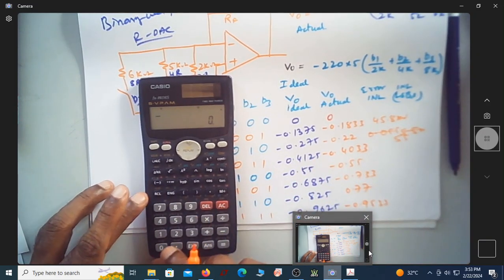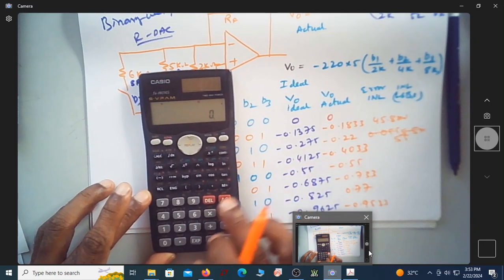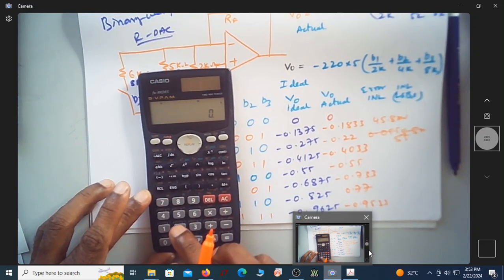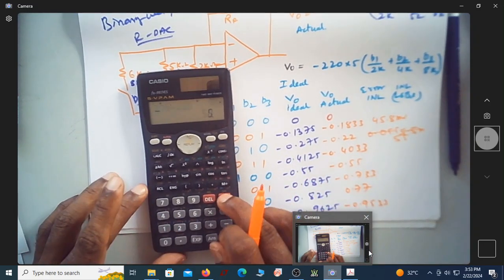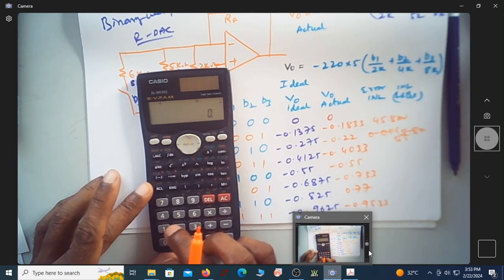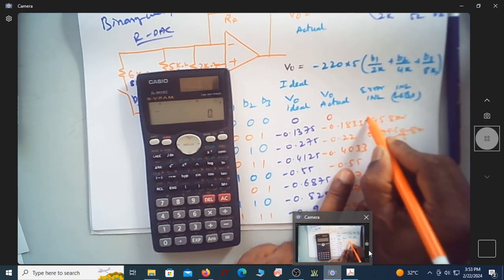Is it 0? That is actually 0.275, 275 millivolts minus 220 millivolts. It's actually 55 millivolts. Here it is 412. This error is positive.